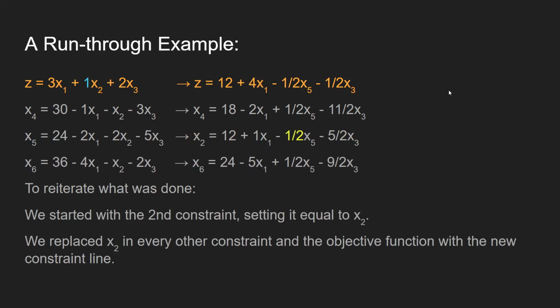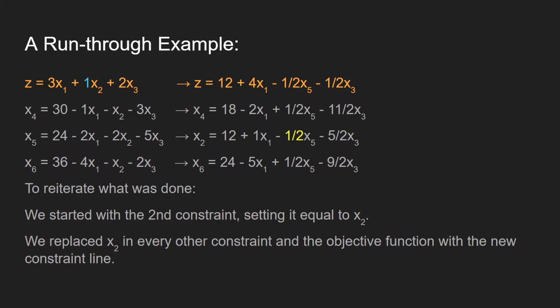So if you were to do this by hand, all you have to do is, for the constraint you picked, its variable to leave, you take that line, then you set it equal to the variable that you wanted to enter, the left-hand side. So we had x of 5 equals 24 minus 2 times x1 minus 2 times x2 minus 5 times x3.